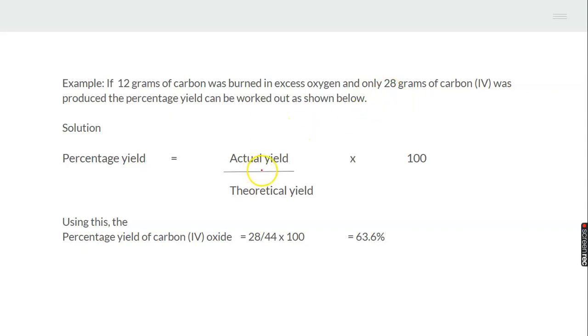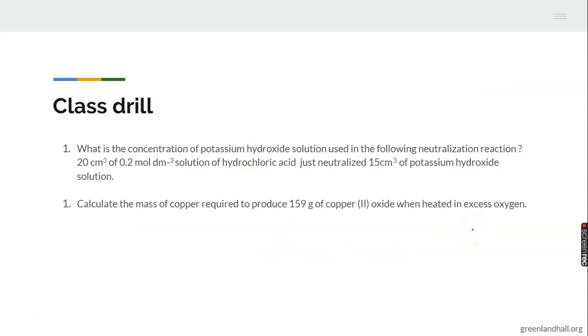Your actual yield is the one given, the actual mass, which is 28 grams. Your theoretical yield is the one you get from your balanced chemical equation, which is 44. So if we do actual over theoretical times 100, you have 63.6%.